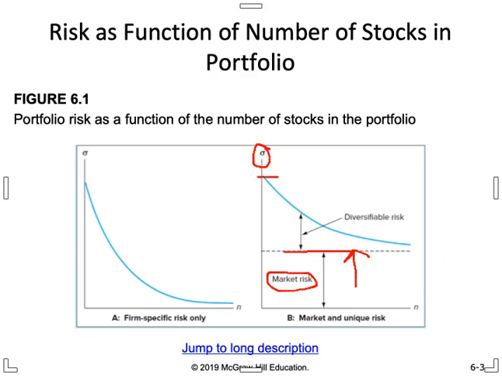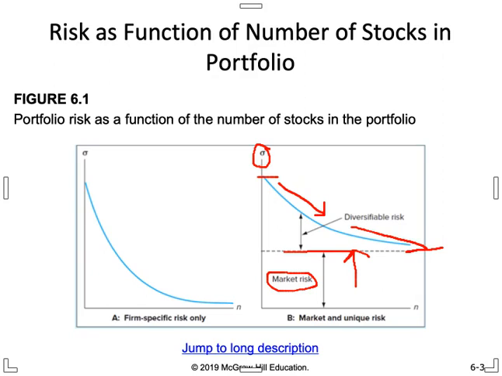And as we layer more companies, add more stocks to our portfolio, we'd begin to diversify that portfolio, and our unique risk would fall. And eventually, as we add more and more companies, we could virtually eliminate it and get it down to this level of just market risk. So we only have that exposure to market risk.